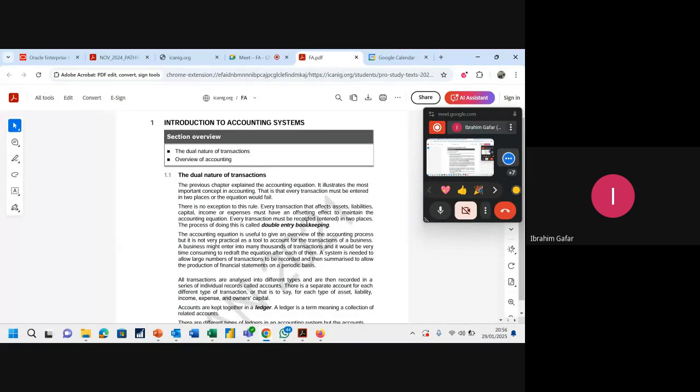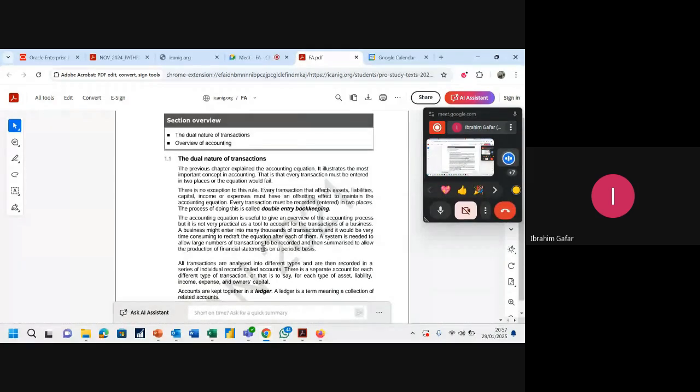Otherwise it would be very easy to just say, let me put the money here, there's no need to put it somewhere else, and so many things would be distorted in our financials. But thankfully, we have accounting that is dual in nature, so you are debiting or crediting something every time you need to do something.